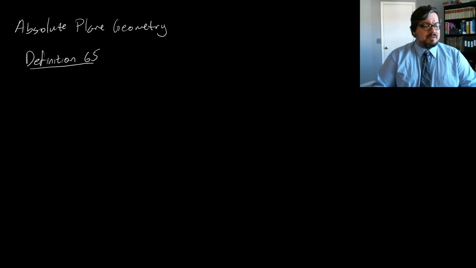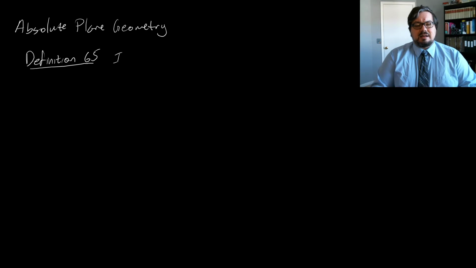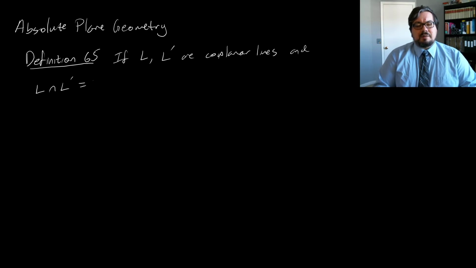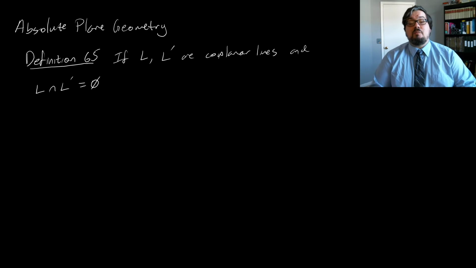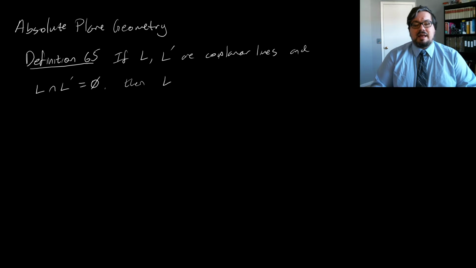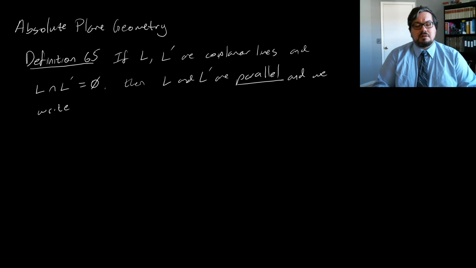Definition 65 says that if L and L prime are coplanar lines and L intersect L prime is empty, that is, there are no points in common between the lines L and L prime, then L and L prime are parallel, and we write that L is parallel to L prime.